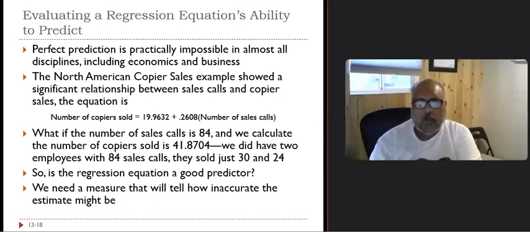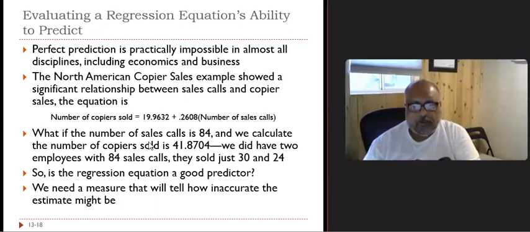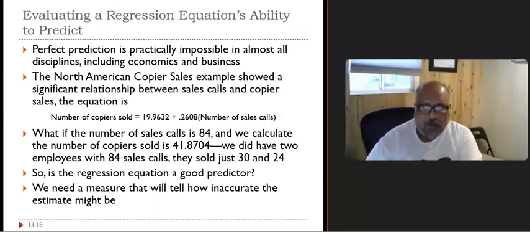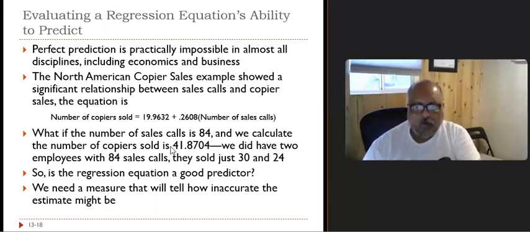For example, in the example we are following, if we use the equation we have for the number of copies sold and solve it for sales calls, let's say the sales calls were 84, that will give us from the equation the number of copies sold as 41.8704.